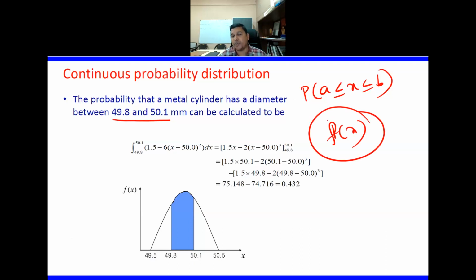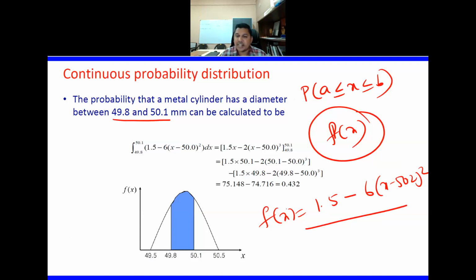For any particular problem, given f of x equal to 1.5 minus 6 into (x minus 50.2) whole square, this is just an example. We are saying this f of x is a continuous probability distribution function. For this, we are giving two range values, a and b, like this.